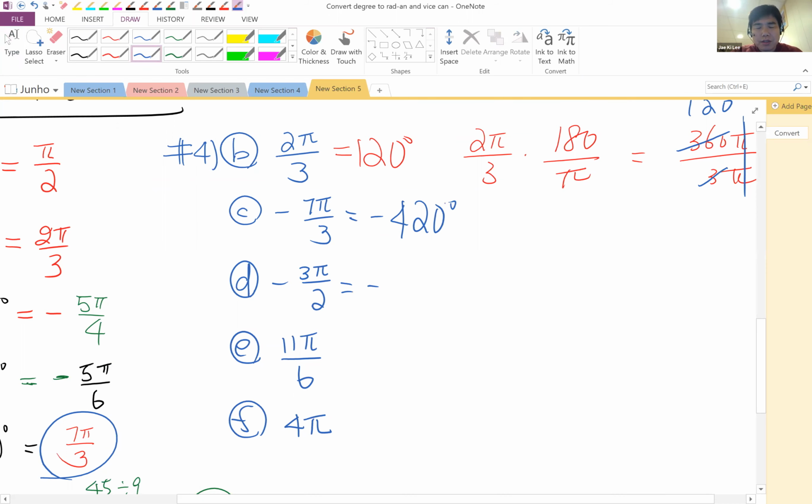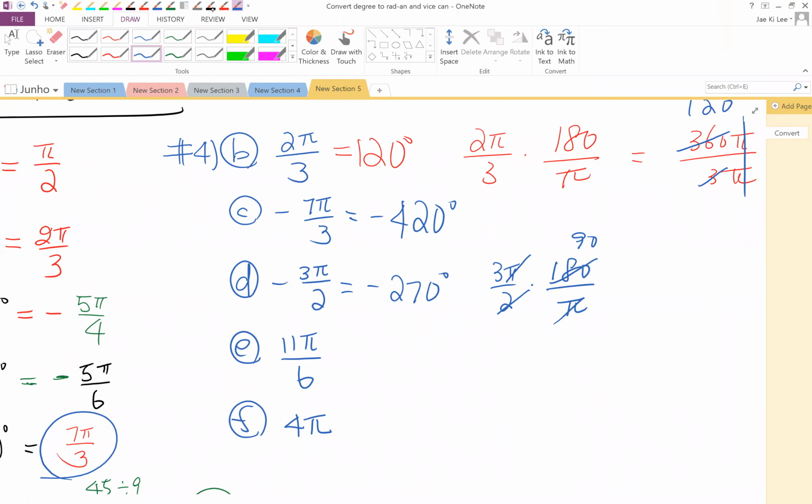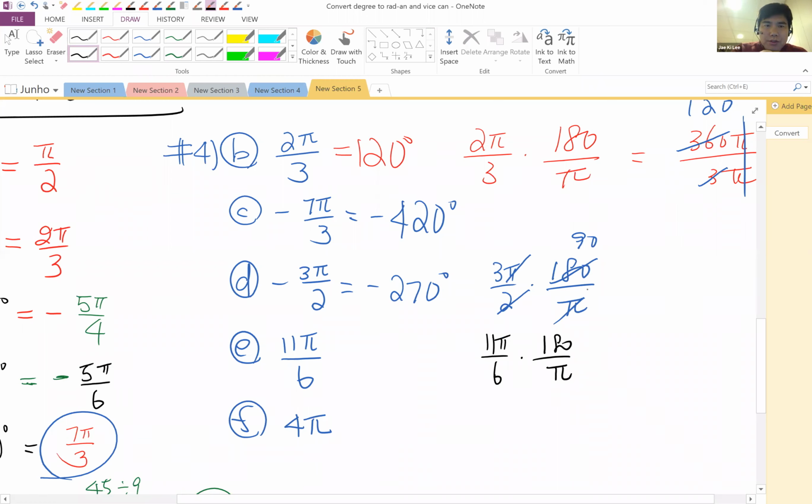So this is negative 3 pi over 2 times 180 over pi. Then pi is gone. 90, so negative 270. 11 pi over 6 times 180 over pi. So this is gone. 330.